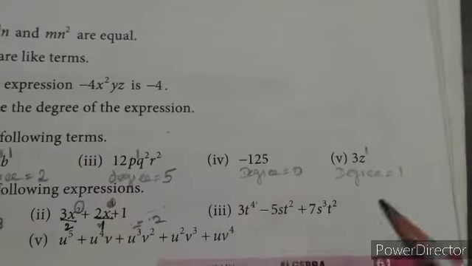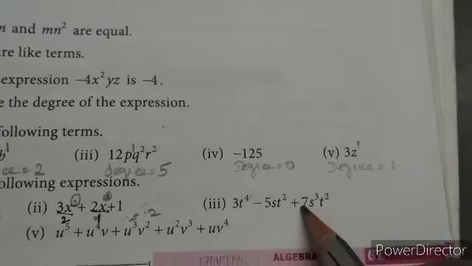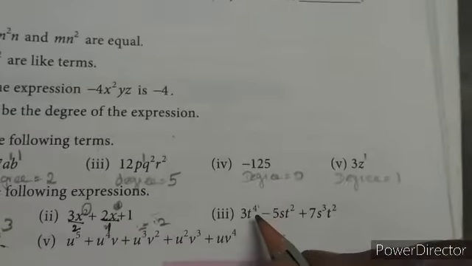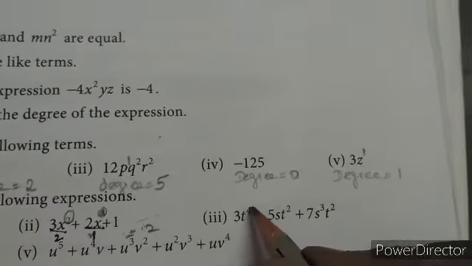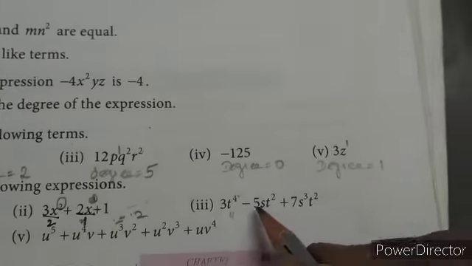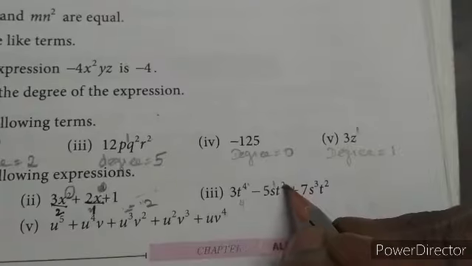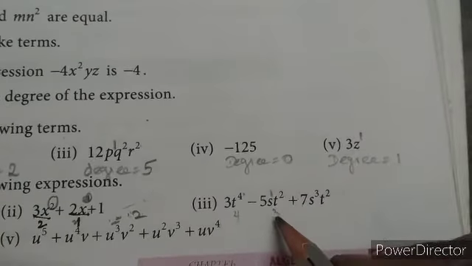Now, check the next expression: 3t power 4 minus 5s power 2 plus 7s power 3 t power 2. Okay. First check the highest degree term. Here in the first term, the power is 4. In the next term, s power 1 is 1 and here it is 2. So 1 plus 2, the power of this term is 3.